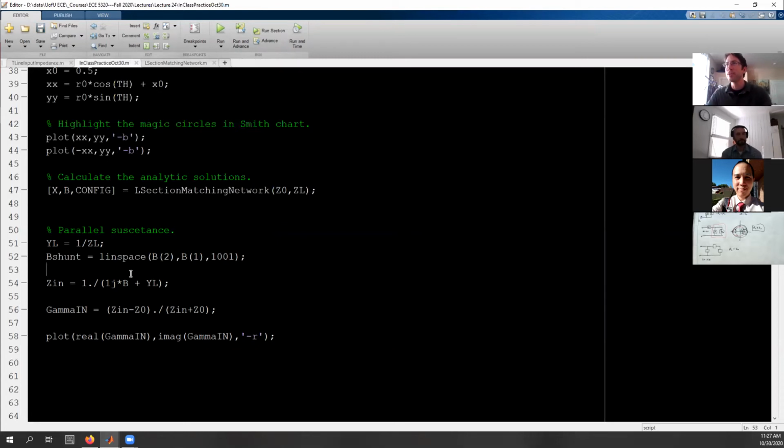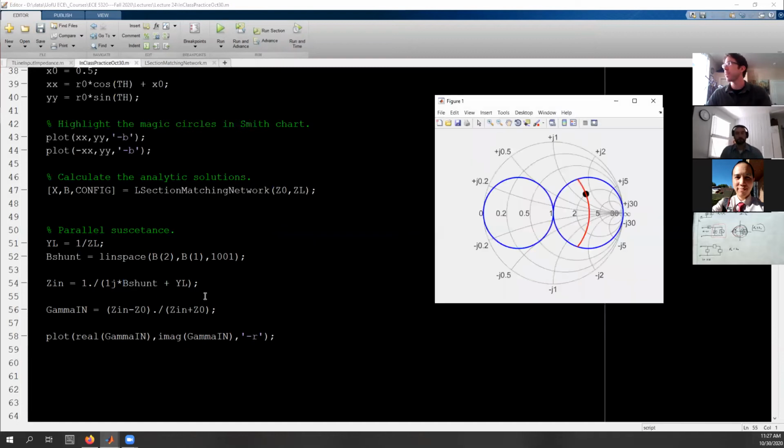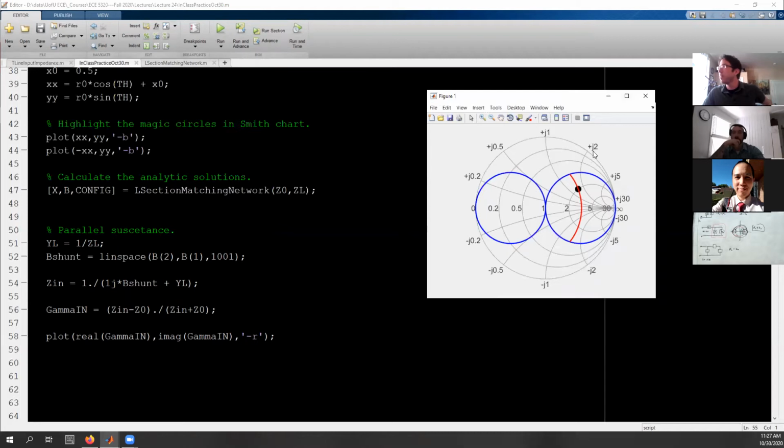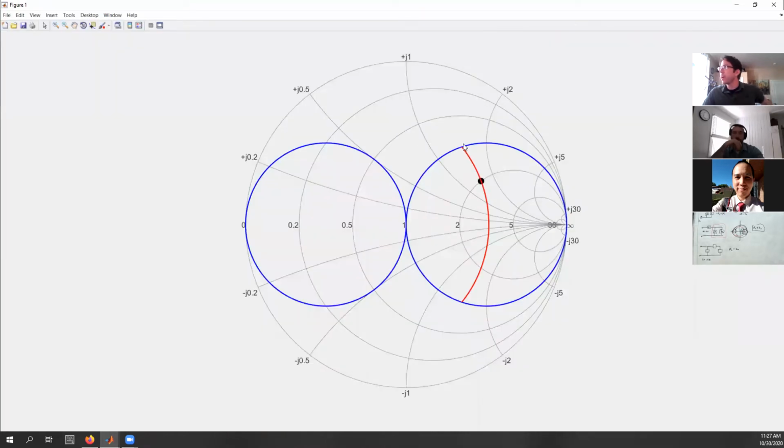Okay, so there's going to be two solutions in there. And then I'm going to just call that B shunt like that. There we go. So this is what happens when you calculate the result analytically, and you see how the arc will take you right up there and it touches the circle, or you go the other direction and it takes you down the other way, like that.